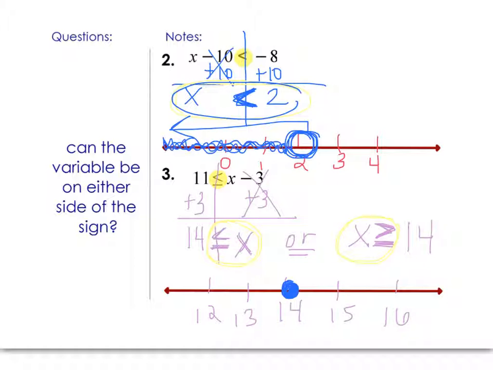And it's saying 14 is less than or equal to x, or x is greater than or equal to 14. So which side am I going to shade? I'm going to shade up here. I want the numbers bigger than 14. If 14 is less than or equal to x, that means x is everything bigger than 14.